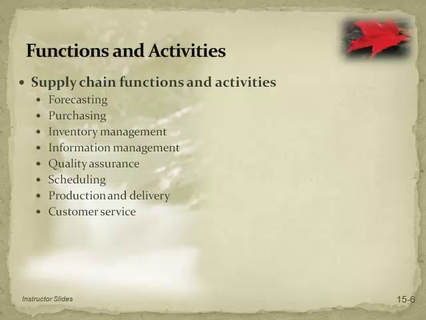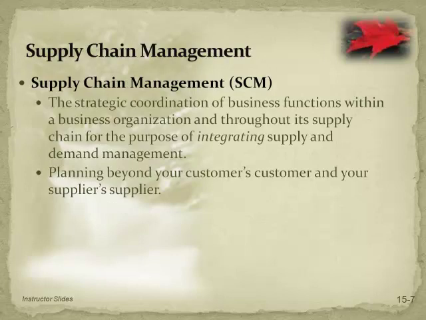The purchasing department function, which we'll talk about in a little bit, the inventory management, which is a critical area for all of the supply chain partners, quality management, scheduling, transportation management, delivery of the materials to the next level in the supply chain. So here's our definition of supply chain management.